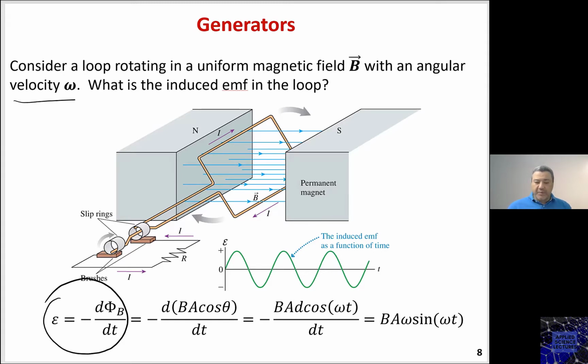Now, since the motion here is, as you can see, this rotational motion is defined by cosine theta, then my phi, that is the dot product between the magnetic field and this area, would be BA cosine theta.